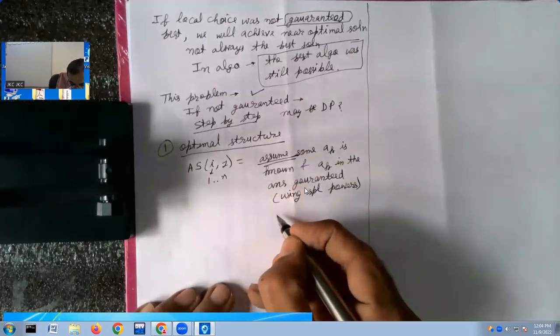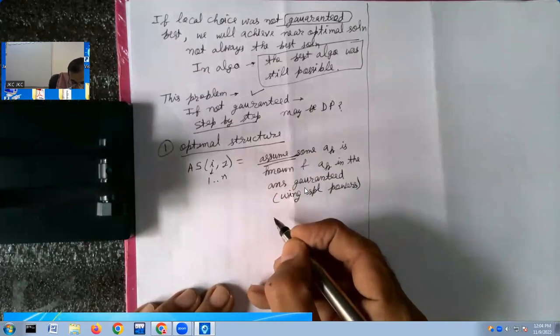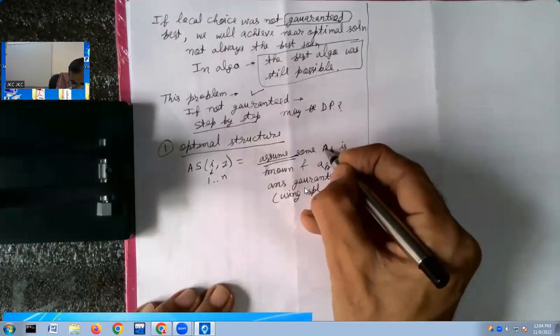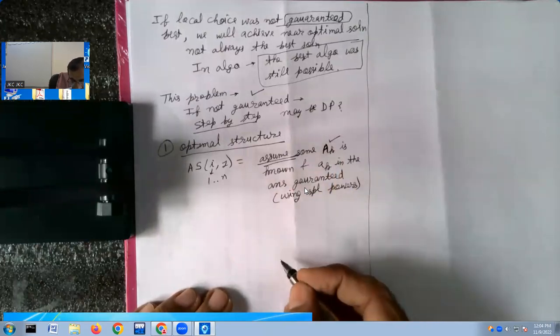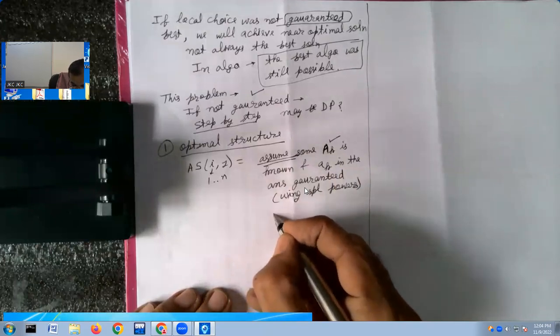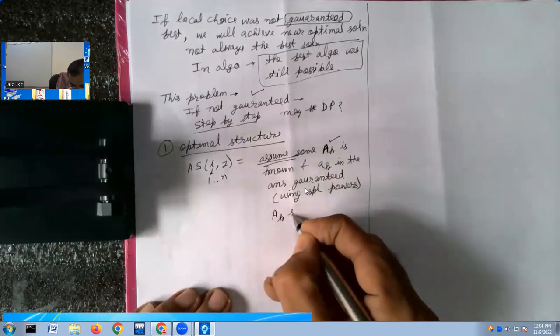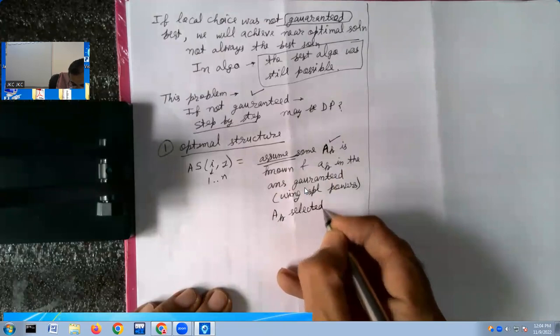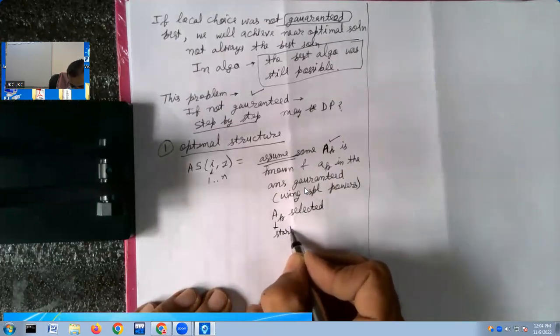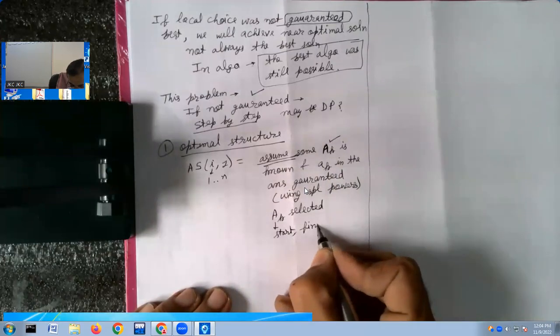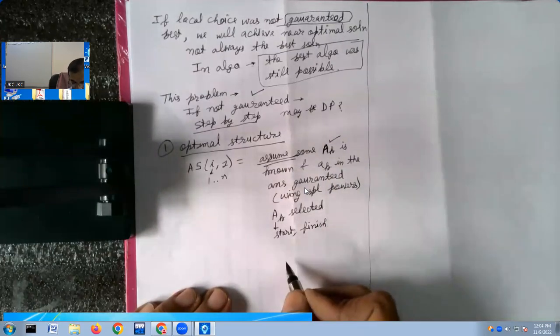That means activity AK will be selected. I use capital A, so that initially I said capital A is the activity. So activity AK is selected. Now, AK selected means that corresponding to its start and finish time, other activities may be selected accordingly.